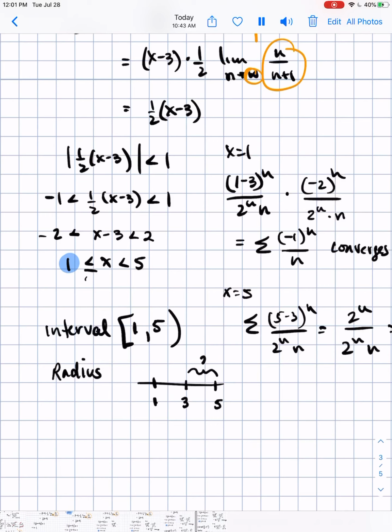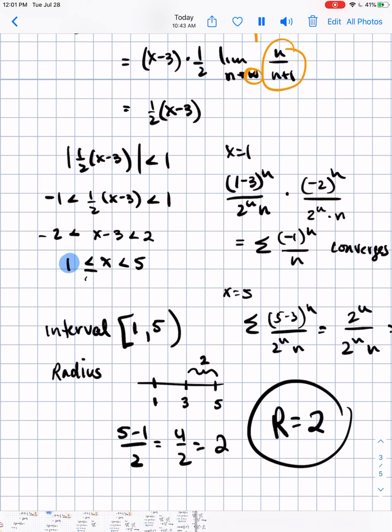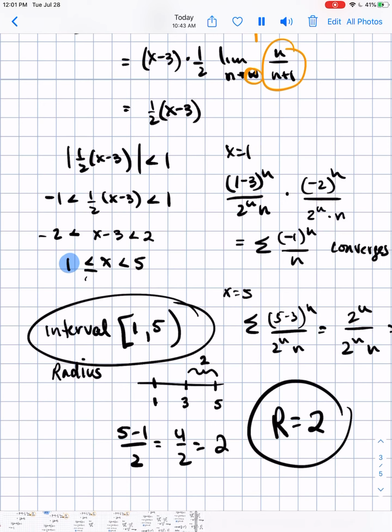That would be your radius, so 2. Easiest way to do it, what are your endpoints? 5 minus 1 divided by 2, so this gives me 4 over 2, or 2. So my radius of convergence will be 2. So your interval is 1 to 5, and your radius is going to be 2.